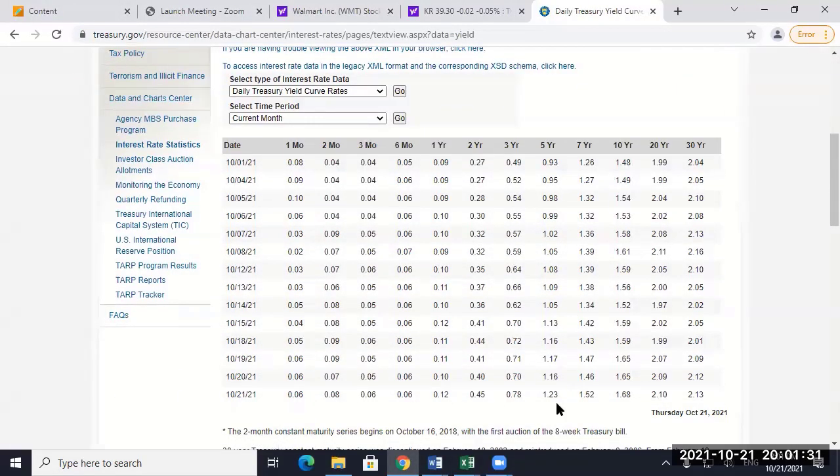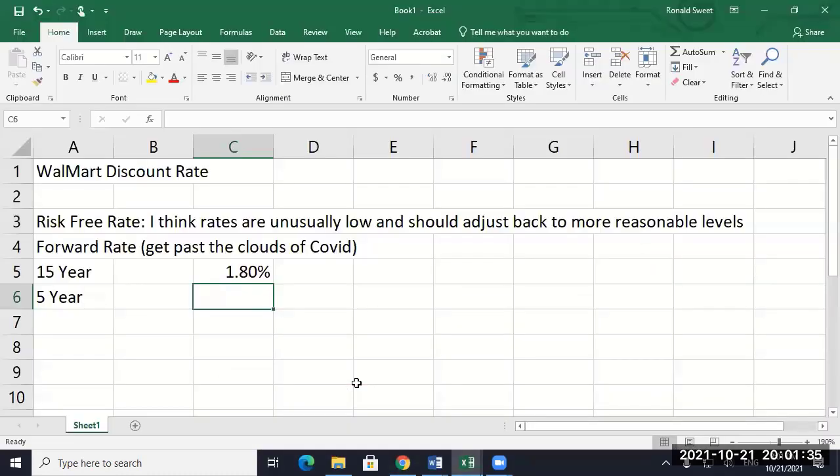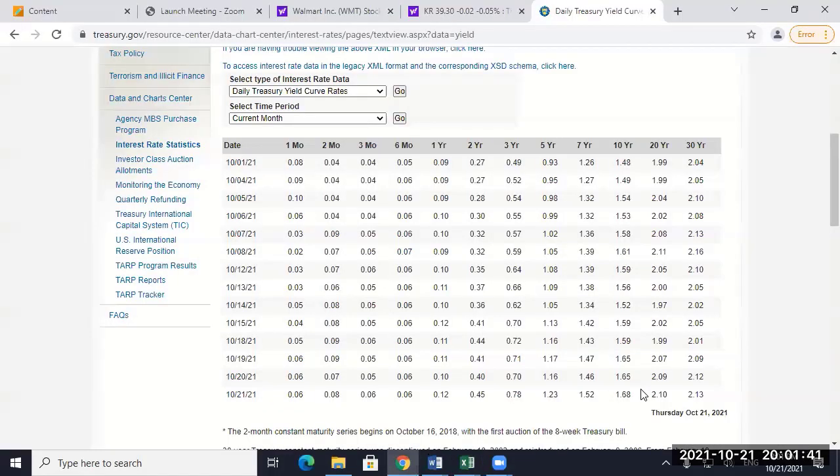It's the 1.23%, wow, that's been coming up pretty strongly as well. Did my 1.8 look reasonable? Seems pretty reasonable, right? I'm in between those two.